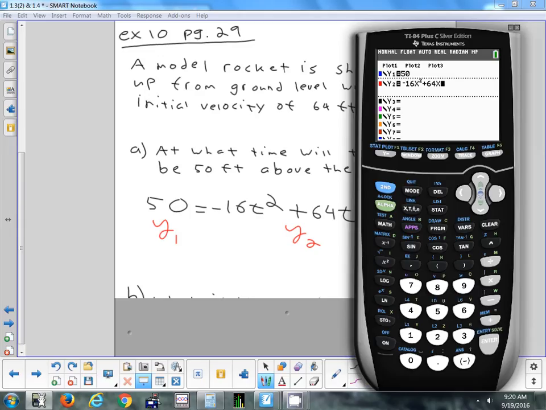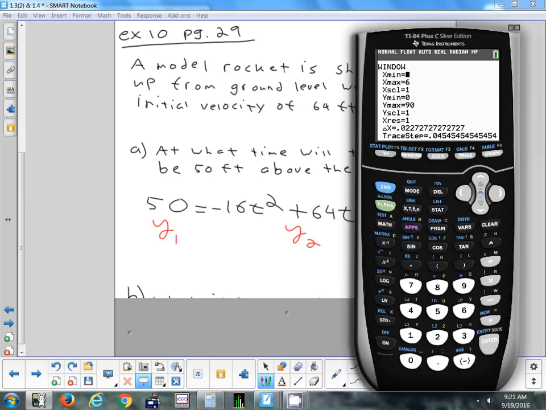So x is how long it's in the air for. Y is how high it's going to go. Well, I don't know the maximum height this object is going to hit, so I'll guess 90 feet. If it goes off the screen, I'll fix it. What I do know is it's not going to go underground, so set your y min at 0.